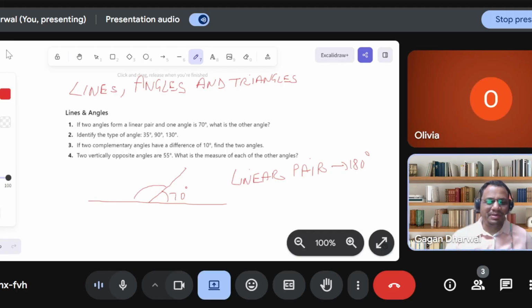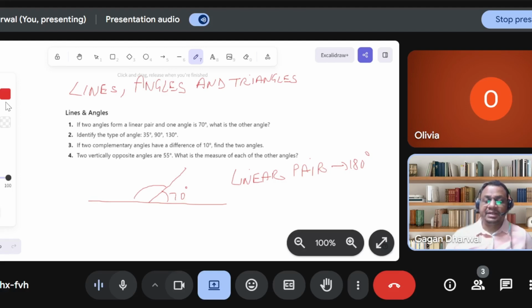Have you heard about supplementary angles? Supplementary angles are those angles which add up to 180 degrees. Keep writing all these things. Linear pair is the set of angles formed on a straight line, and they are supplementary. That means they all add up to 180.